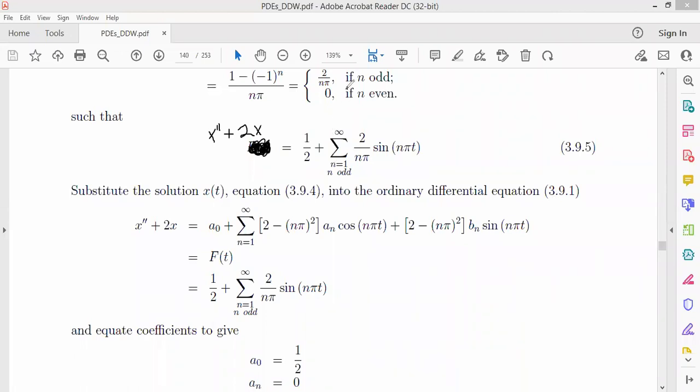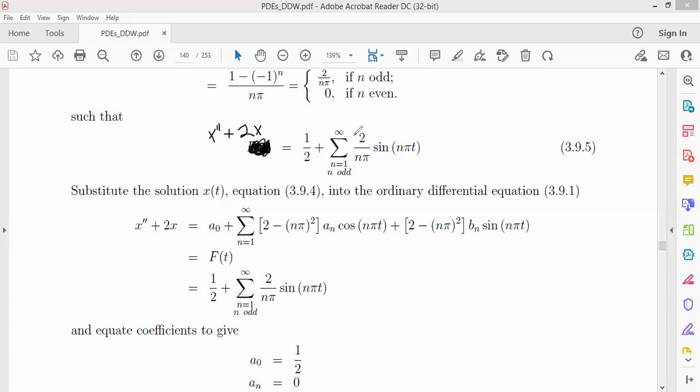Remember, we have this. The N naught was 1. Remember, the other one is C naught over 2, which is the half here. Then plus the Cn, the Fourier coefficient Cn was 0. That's why the cos has disappeared here. And we had the Dn.